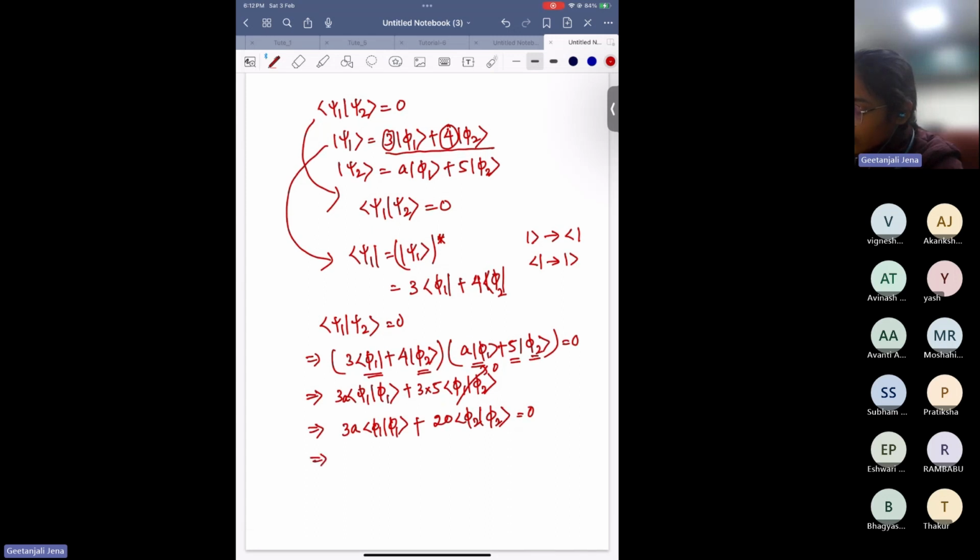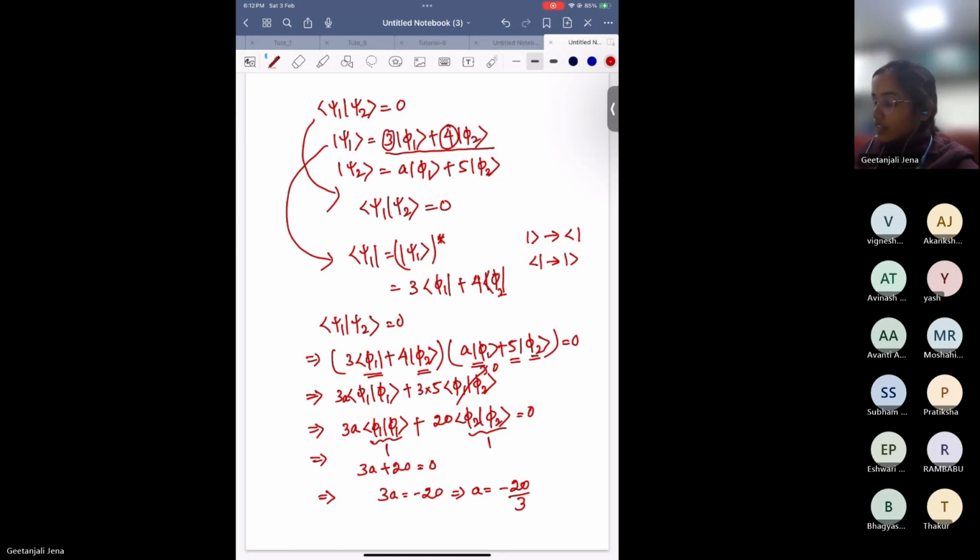These are orthonormal kets, so the inner product of phi 1 with phi 1 equals 1 and the inner product of phi 2 with phi 2 equals 1. So this will give 3a plus 20 equal to 0. That means 3a equals minus 20, or a equals minus 20 by 3. So this is the answer.